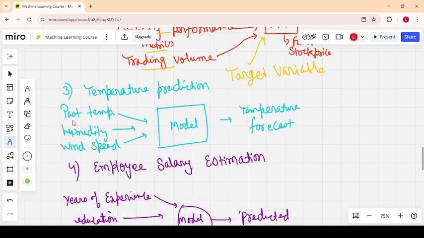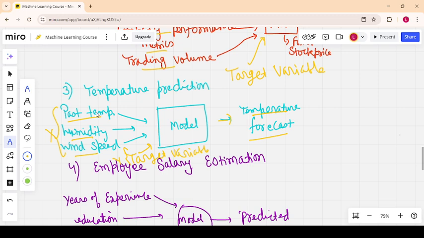So we give past temperature, humidity, wind speed, and many other features can be there. And we feed the target variable also. This is supervised learning. So we give data in the format of x and y. Then we can use this model for temperature forecasting.